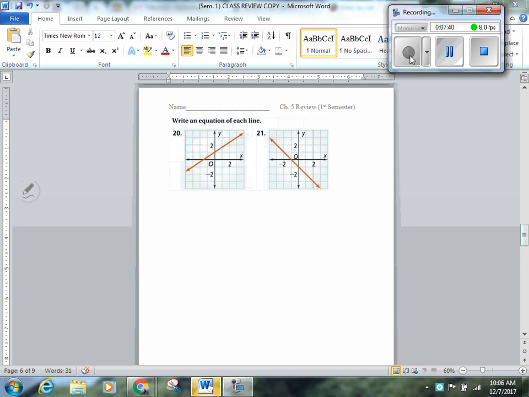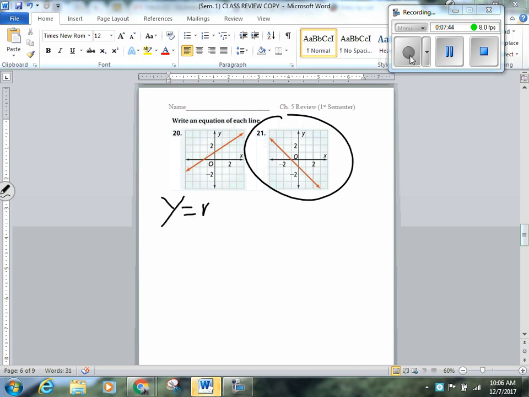Next question, number 21. Again, y equals mx plus b. Go ahead and put a blank next to the x and a blank where the b was. I have to find out where my y-intercept is. Where does it cross the y-axis? Go down the line and it crosses right here.